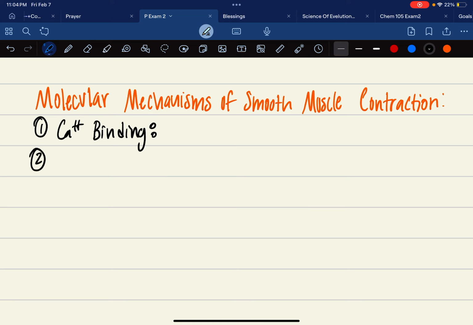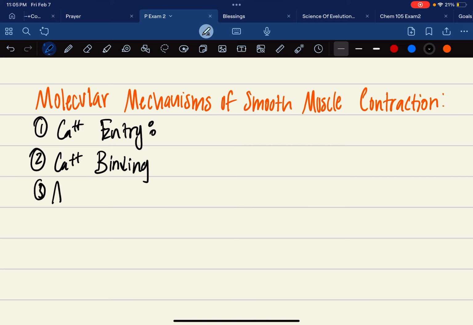And then the second one is, sorry, I messed these up. Entry. And this is the binding. And that's just when calcium binds to calmodulin.